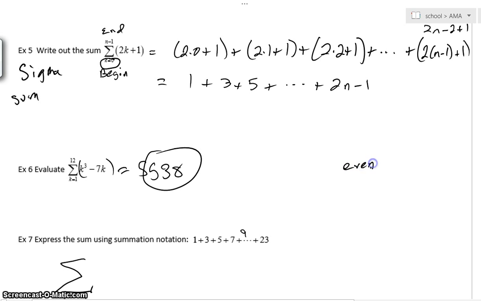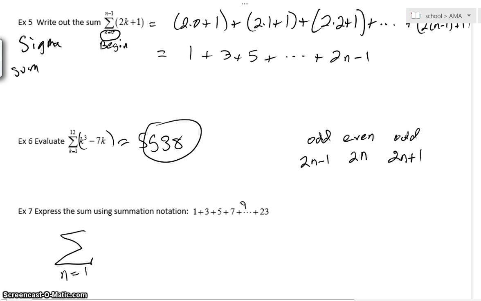An even number could always be written as 2k or 2n, whatever you'd like. Perhaps I'll write just 2n. Obviously, multiply any value by 2, you've got something even. If you were to add 1 to that even number, of course you would get an odd, and that would be 2n plus 1. Similarly, if you were to subtract 1, you'd also arrive at an odd, 2n minus 1.